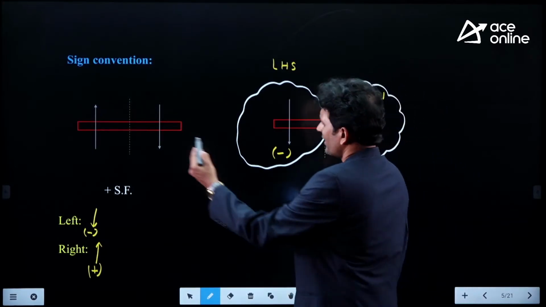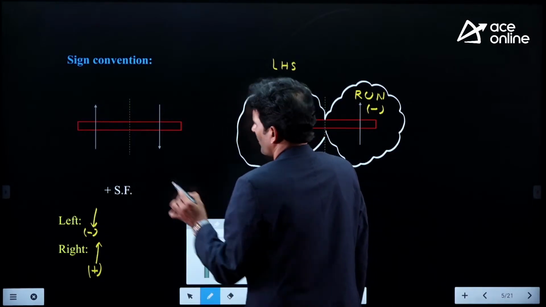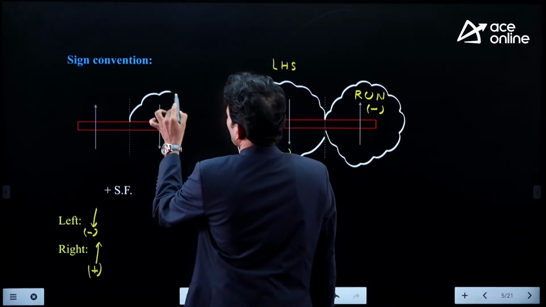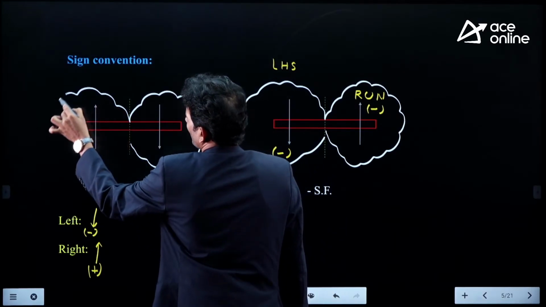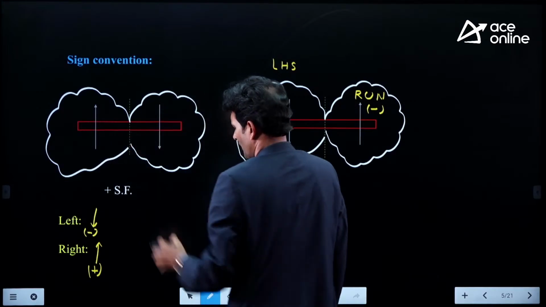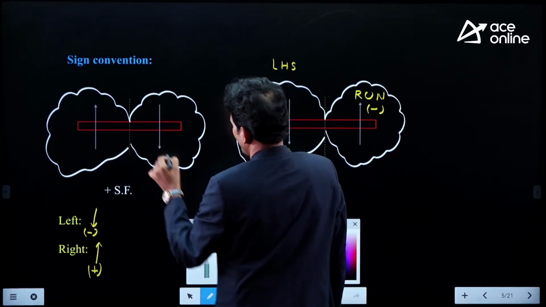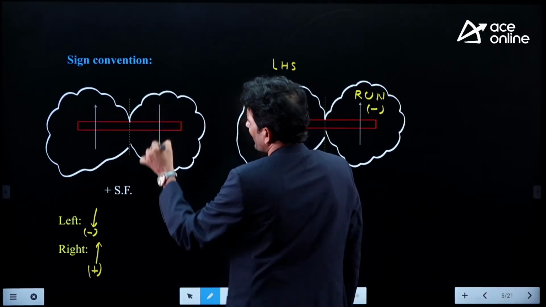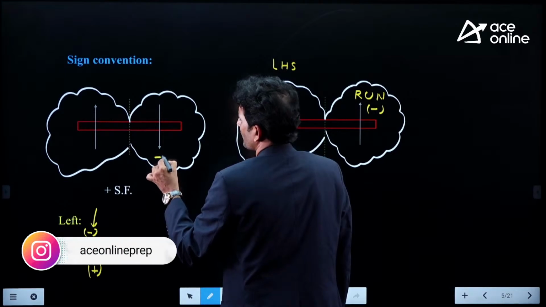Now come down to this area. This is the section we are having for the loaded beam. This is the right-hand side for my section and this is the left-hand side. Now, the sign convention is: if you are identifying your force acting vertically downward on the right-hand side, then I consider this force as positive.